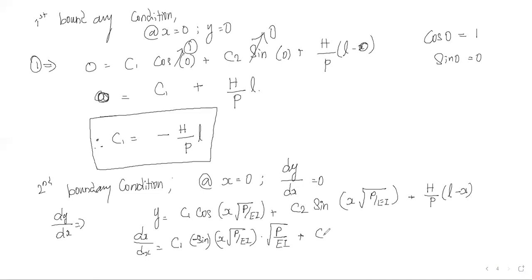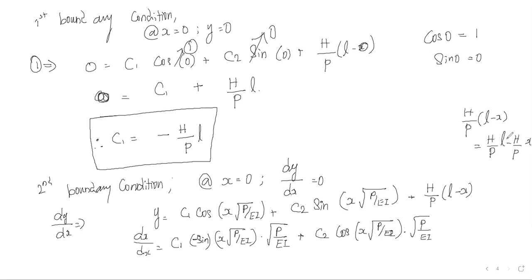Plus C2 into cos x into root under p by EI, and differentiating this alone I get root under p by EI. The last term I'm going to write as h by p into L minus h by p into x.